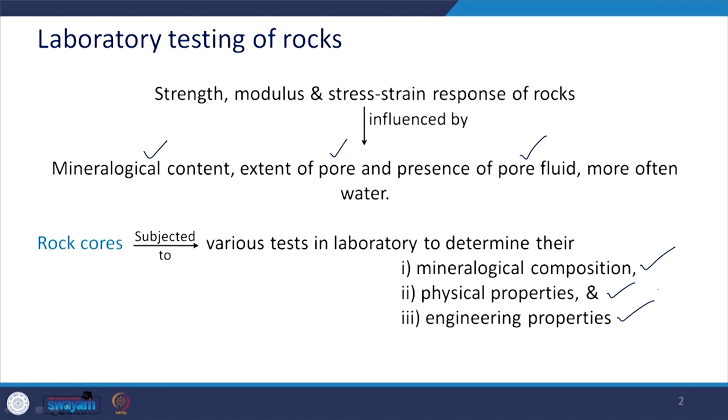We have been discussing that one rock is different from the other from the point of view of its mineralogical composition, and therefore it is extremely important for us to know what all those minerals are with which it is comprised of.